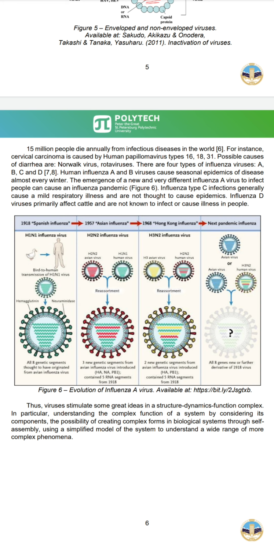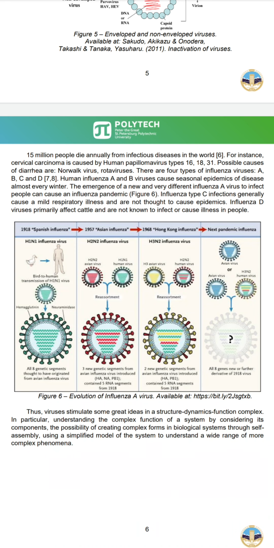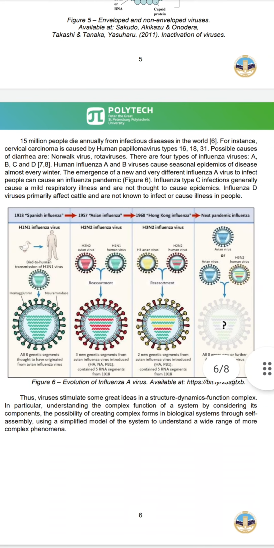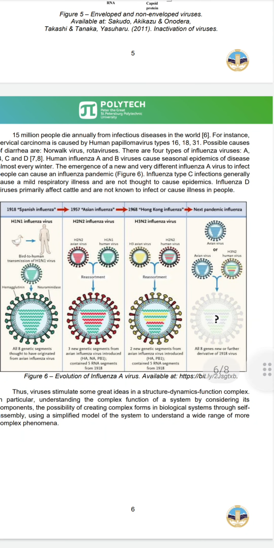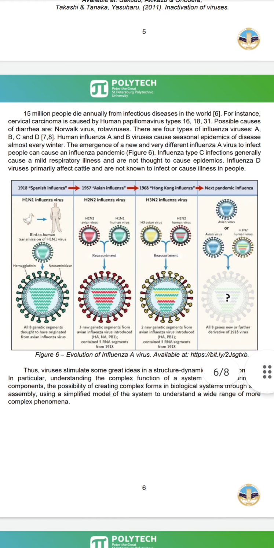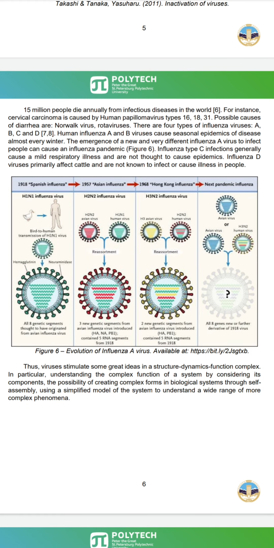There are four types of influenza virus: A, B, C, and D. Human influenza A and B cause seasonal epidemics of disease almost every winter. The emergence of a new and very different influenza A virus to infect people can cause an influenza pandemic.